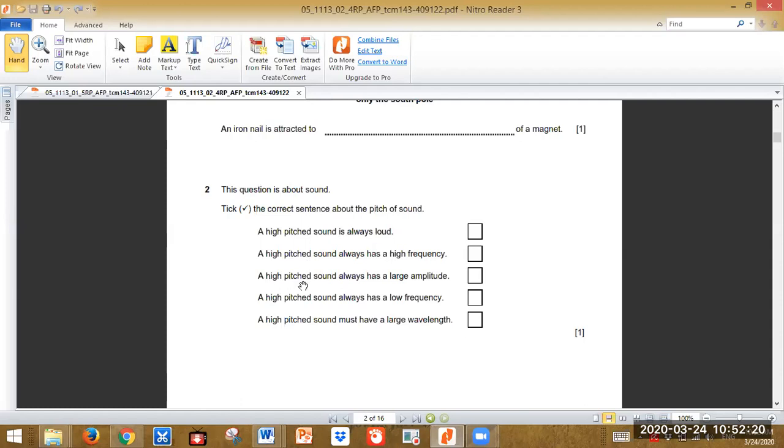A high pitched sound always has a large amplitude. A high pitched sound always has a low frequency. A high pitched sound must have a large wavelength. Okay, so the only correct statement is statement number 2. A high pitched sound always has a high frequency.